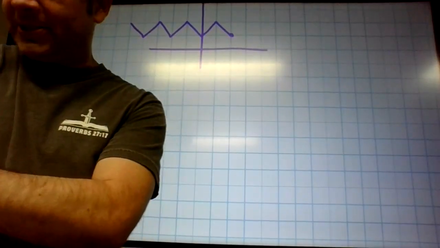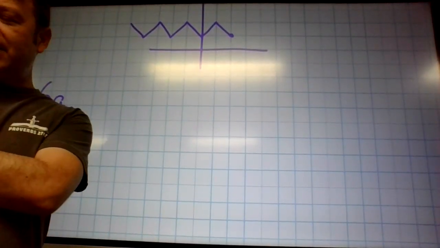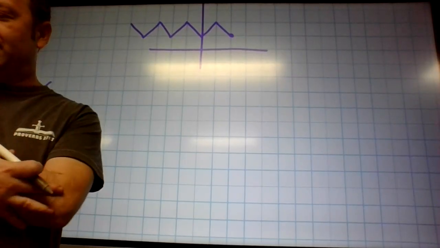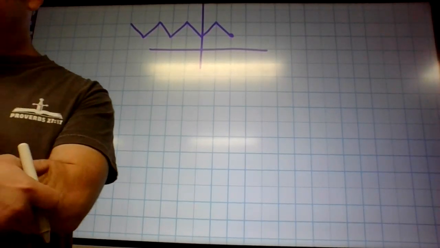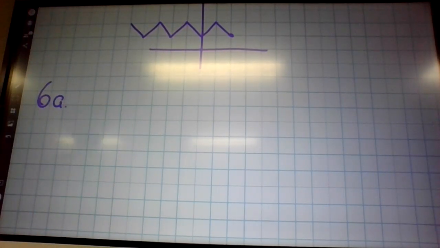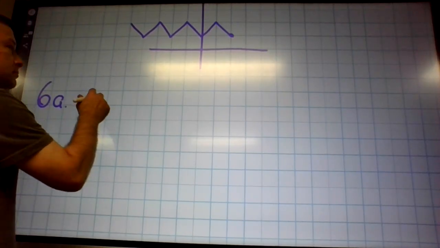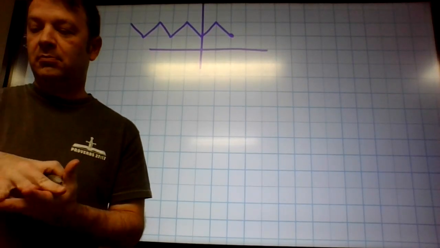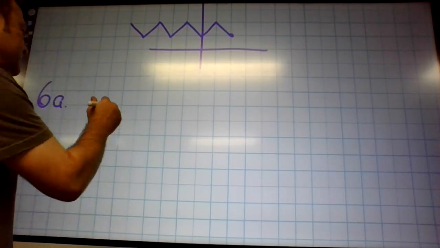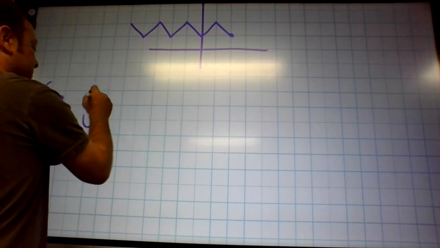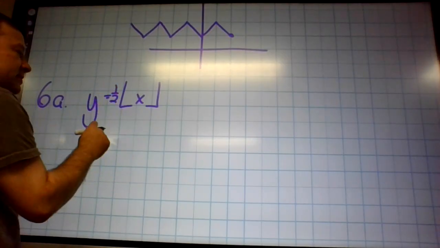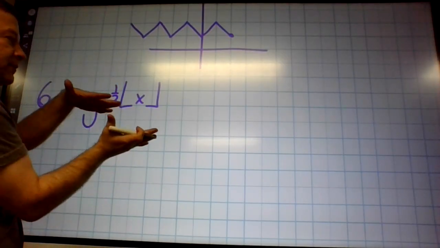Okay, number 6. On the right there, they're showing the greatest integer function. We'll just do 4 steps. It does go forever, but we'll just do 4 steps. On A, what do you think will happen when you put a minus 1/2 in front of a function? It's not directly on the x. The whole function is just labeled with this symbol. So if it's out in front, the whole function will just be half the size.